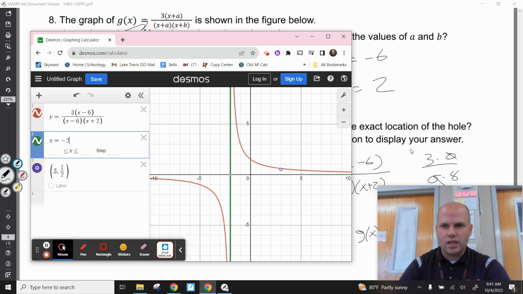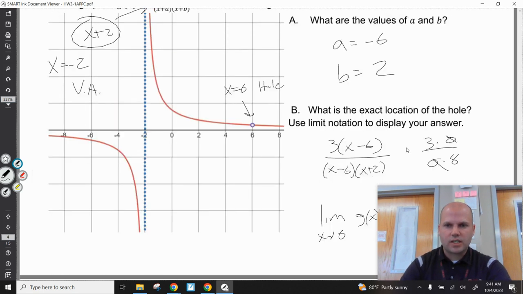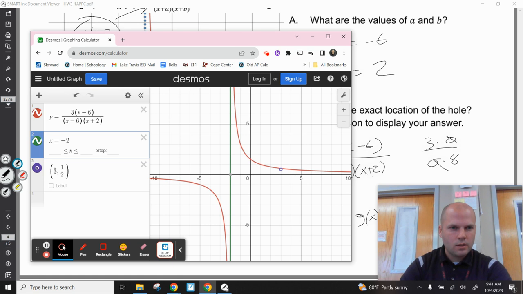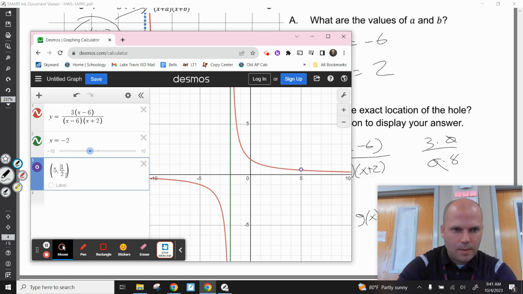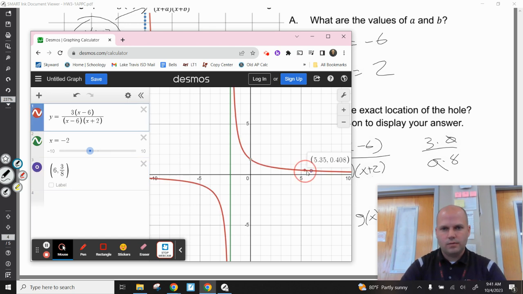The hole's location is at 6 comma 3/8. Yep, that makes sense too. If I plugged in 3 or 6, again undefined, what is the location? Close to 3/8.